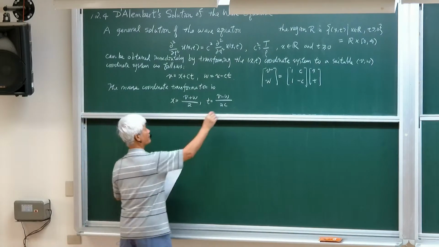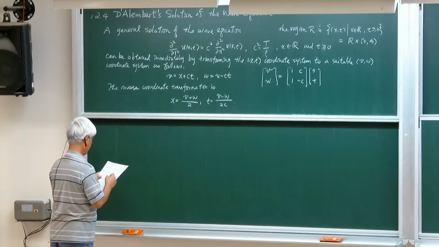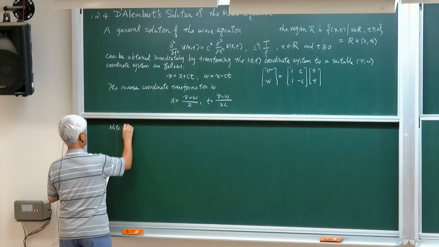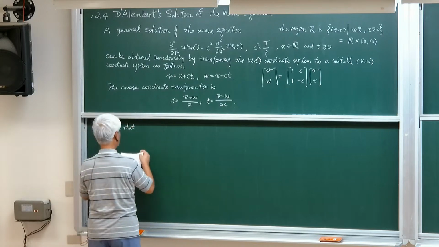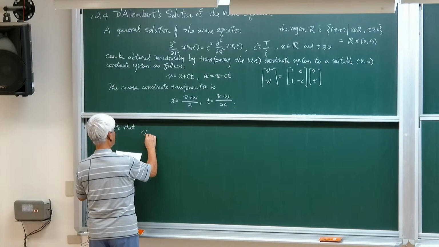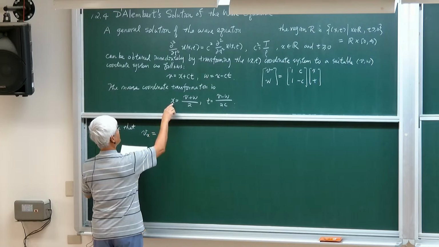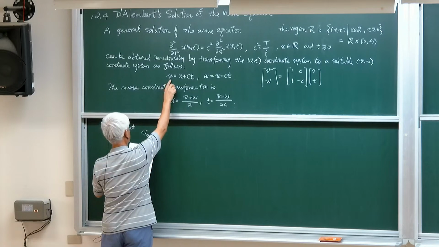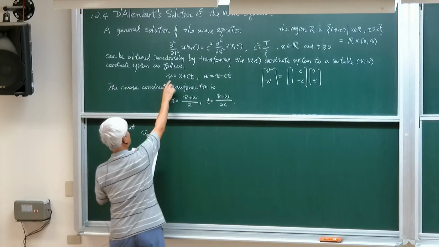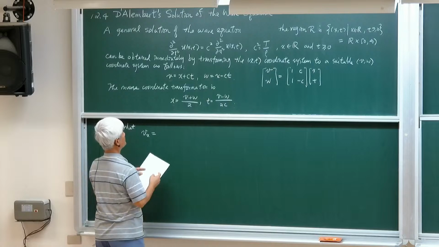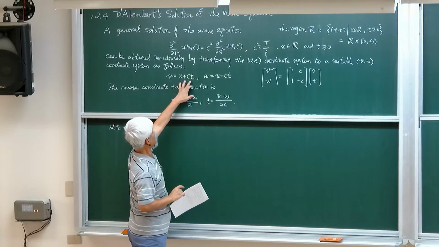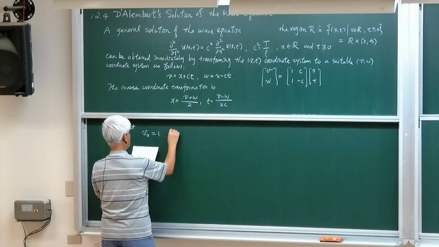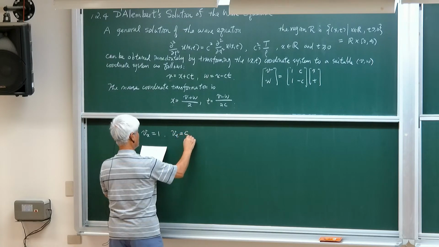And we know the first order partial derivatives. V is a linear function of x and t, so v sub x is 1, and v sub t is equal to c.